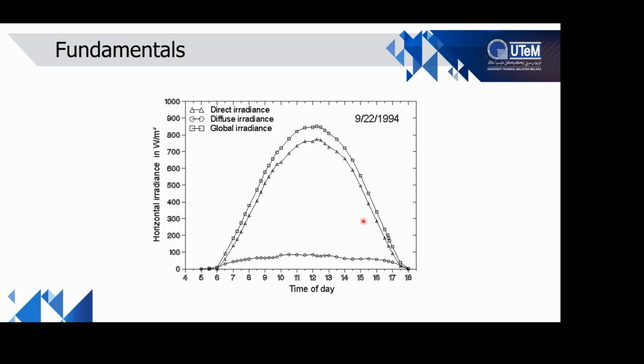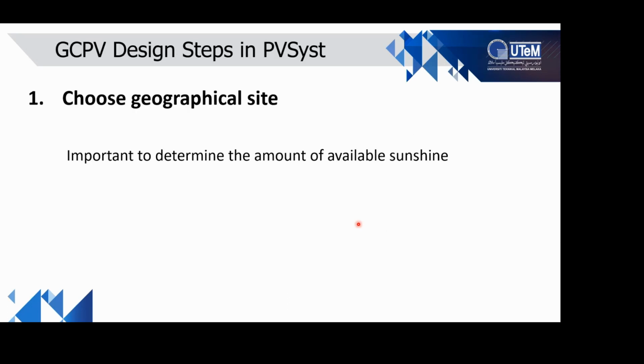And the global horizontal irradiance is the combination of direct and diffuse. Okay, so that is the background. So choose the geographical site. The geographical site is important to determine the amount of available sunshine. Okay, let's go back to the software.